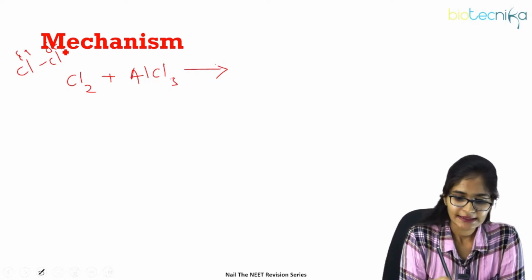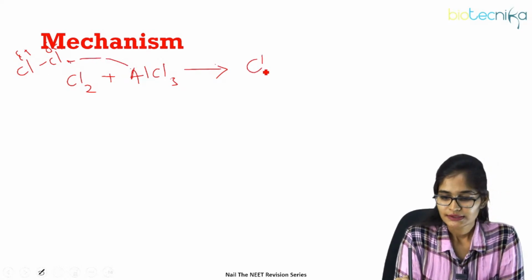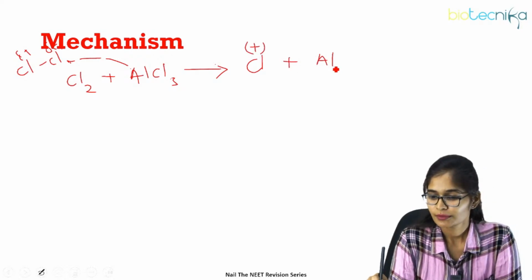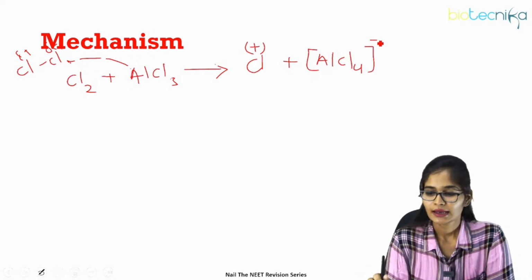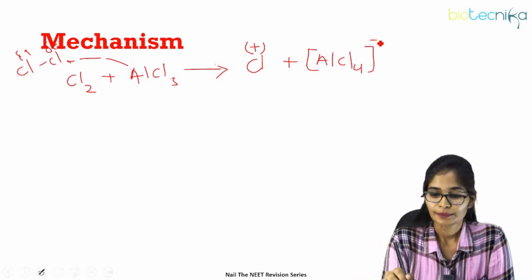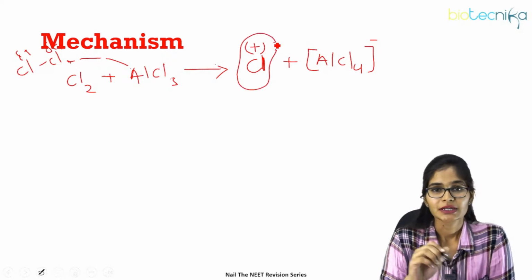AlCl3 will take one of the chlorines, and Cl plus will be generated along with AlCl4 minus. So overall AlCl3 grabs one chlorine out, and Cl plus is my electrophile. Now I am ready with the electrophile.